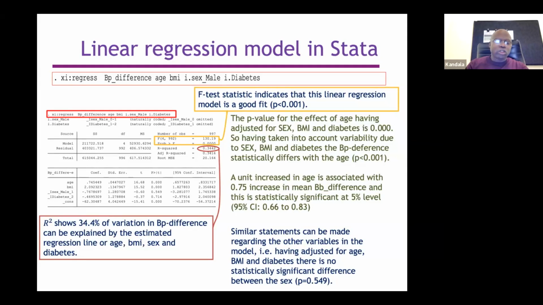And although it's 34.4% of the variation, and you will wish to have more of the variable explained, in some situations this may not be the case. Maybe this is what you can get close to in explaining your outcome, but in some situations, you may have more.